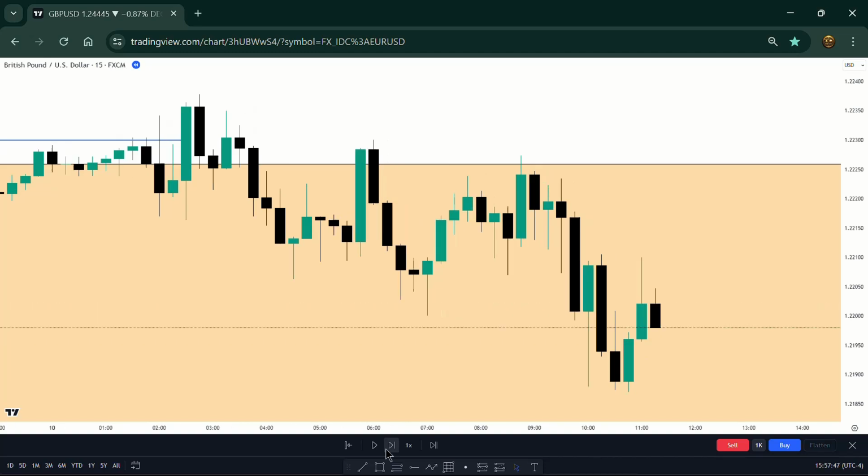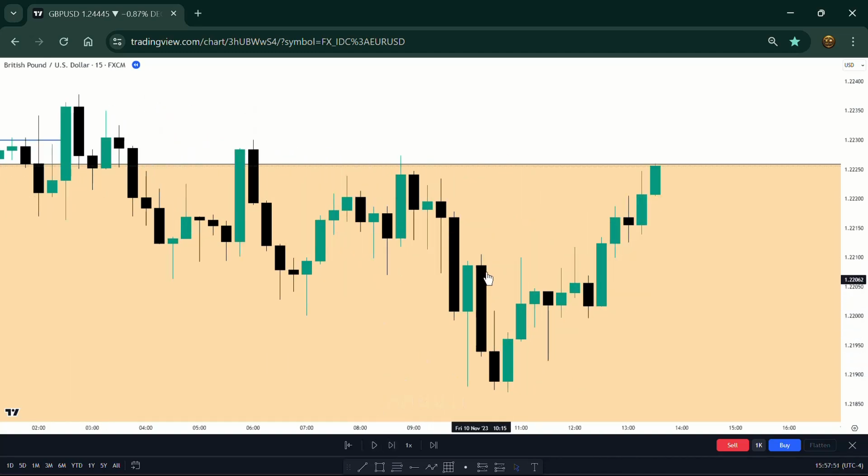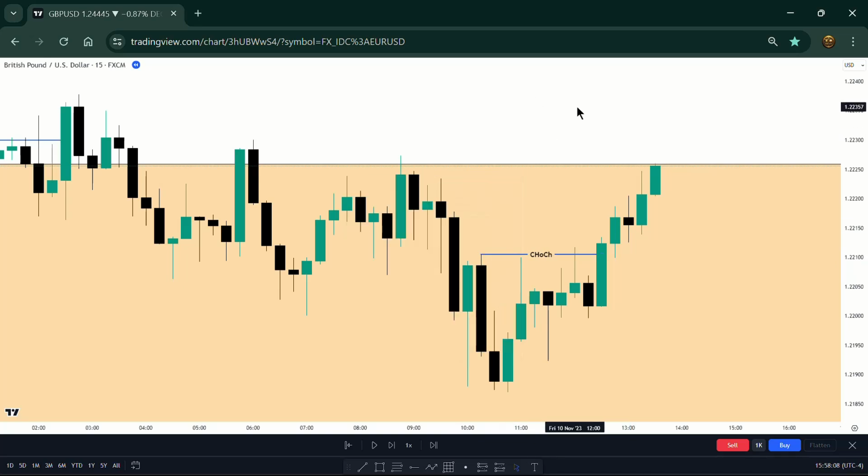Okay, you can see, okay, this is our pullback right there. Okay, meaning this level, this is the change of character. That is our change of character right there. That's our change of character.